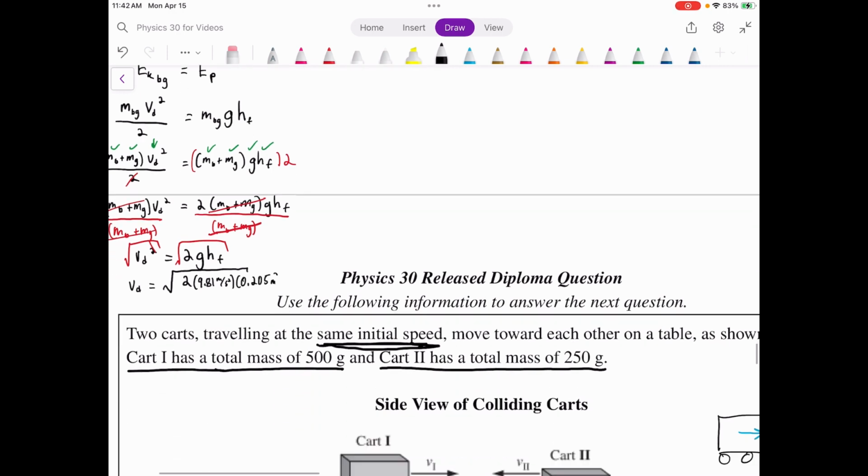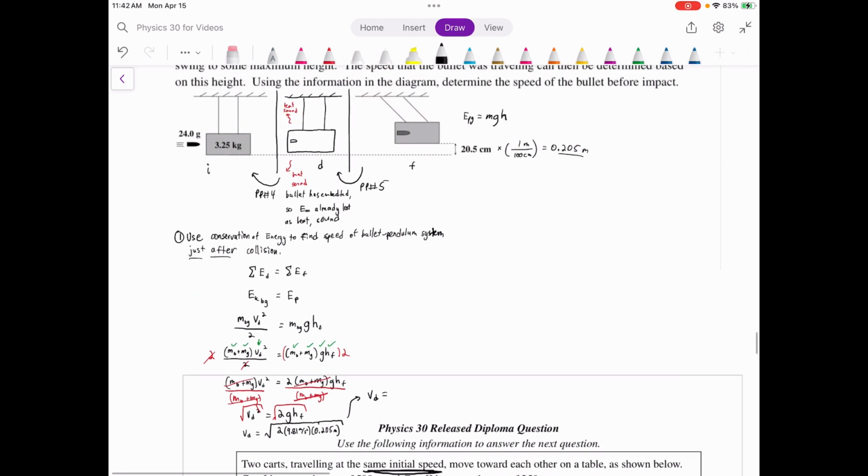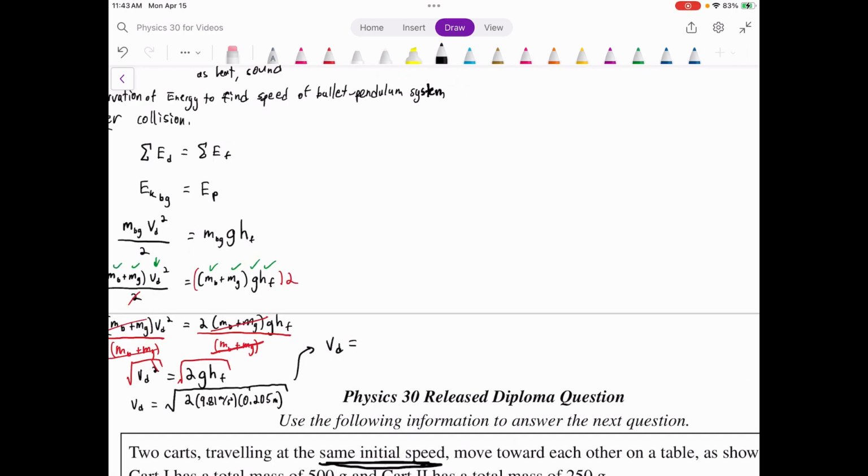0.205 meters. And I got that the speed of the system, in that middle step right after impact, was 2.005517 meters per second.